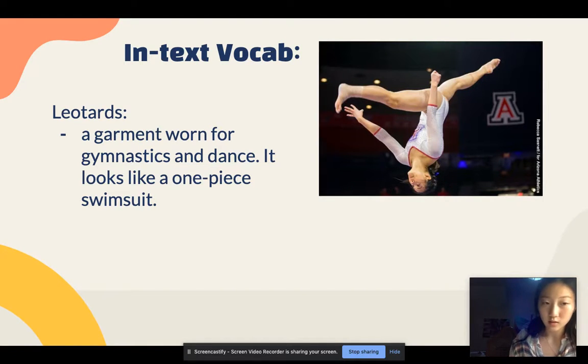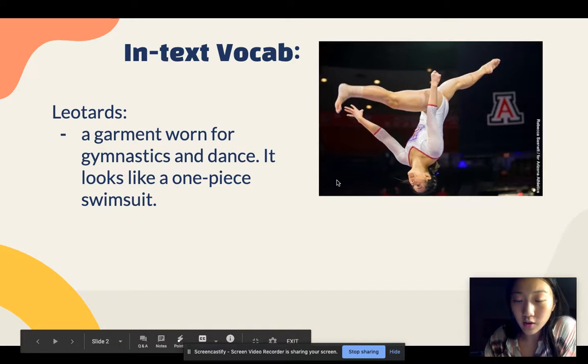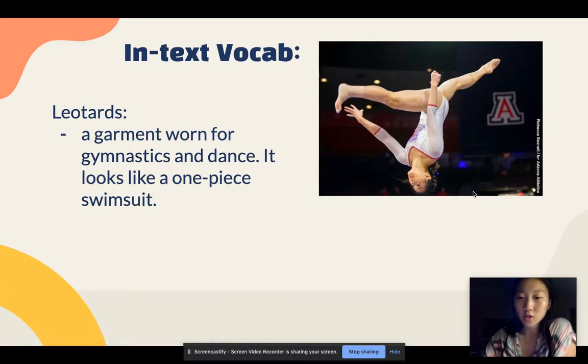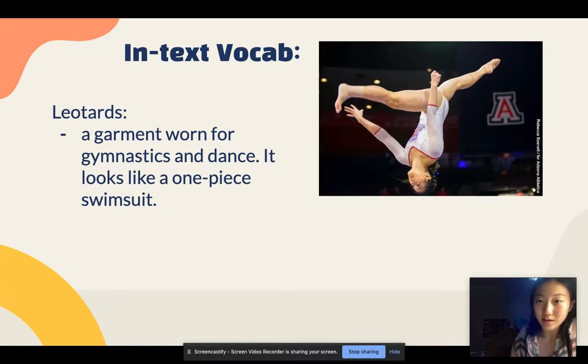And it looks like, I'm going to put in parentheses, looks like swimsuit. Okay, and this right here is a picture of one of my best friends, Jenny. She is a college Division I athlete who is a gymnast at Arizona.